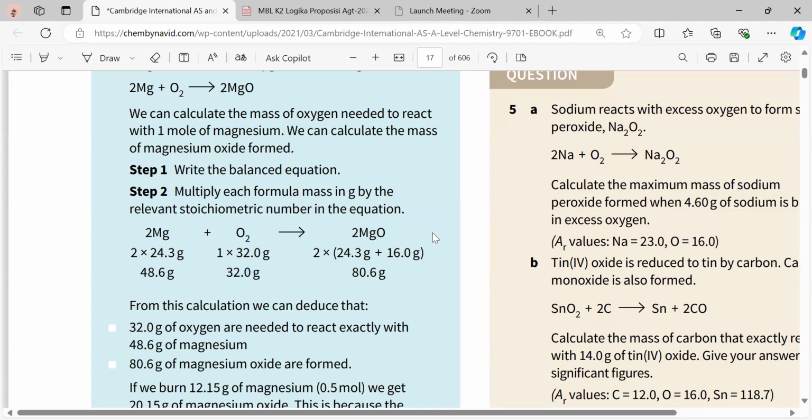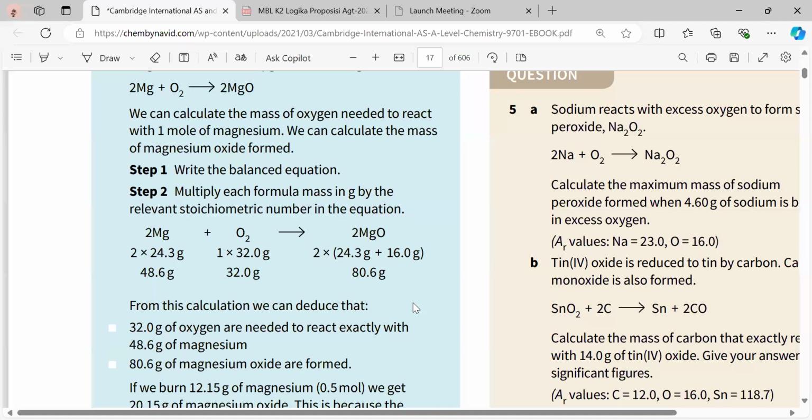For the magnesium oxide, we have 24.3 for magnesium and 16 for oxygen, so we add these up first before multiplying by 2. That's how we get 80.6, which is the sum of 48.6 and 32.